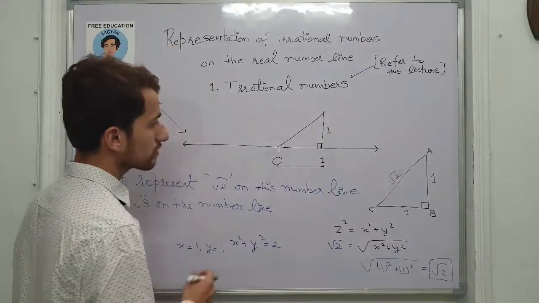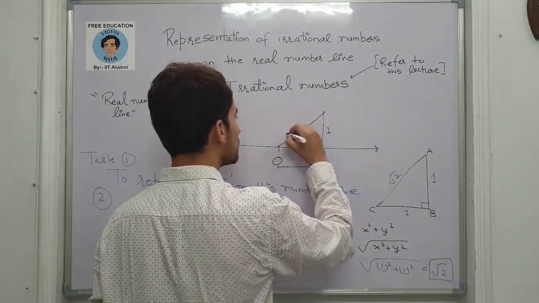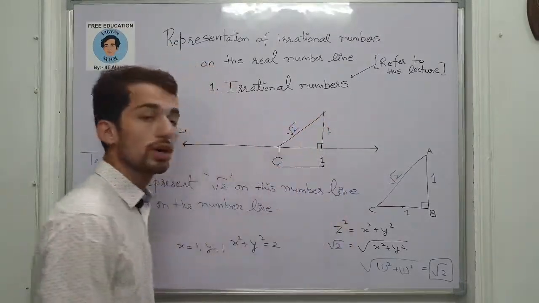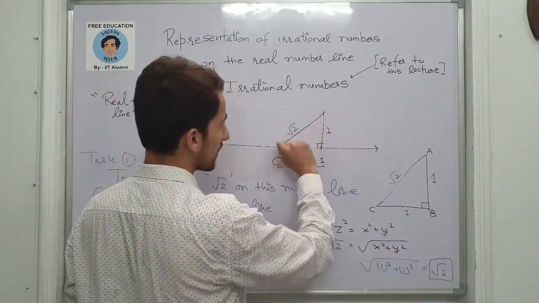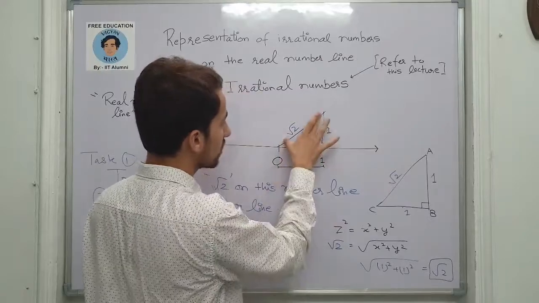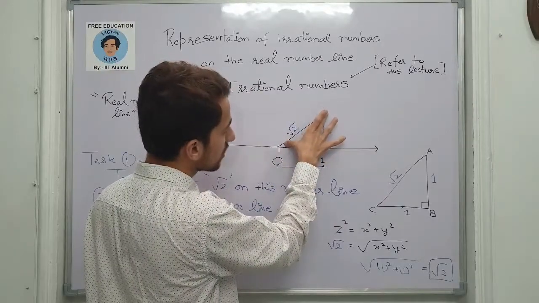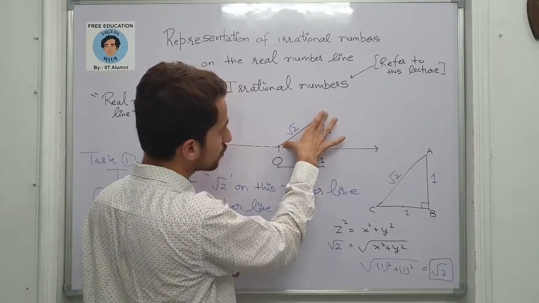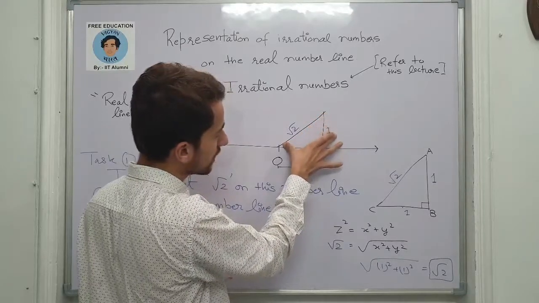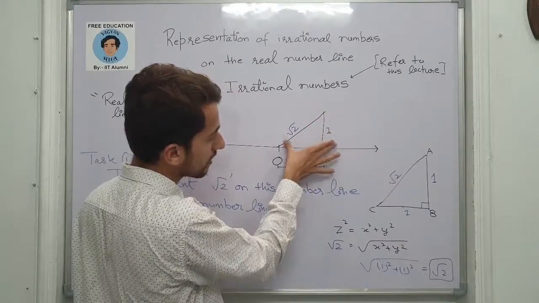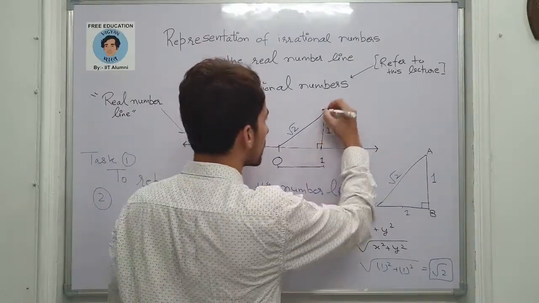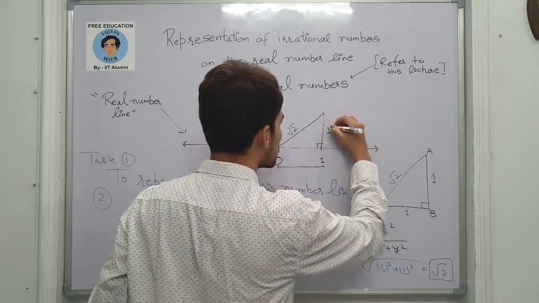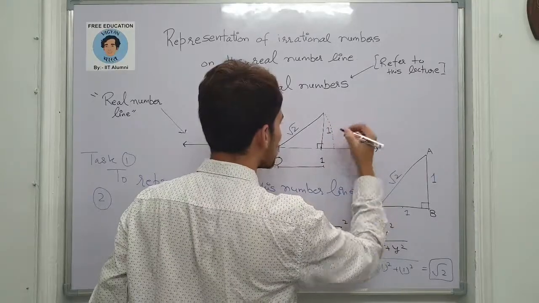So the quantity we get is the square root of 2. Now take this length, square root of 2, and use it as a radius to draw an arc. If you use a compass, it will land somewhere here.